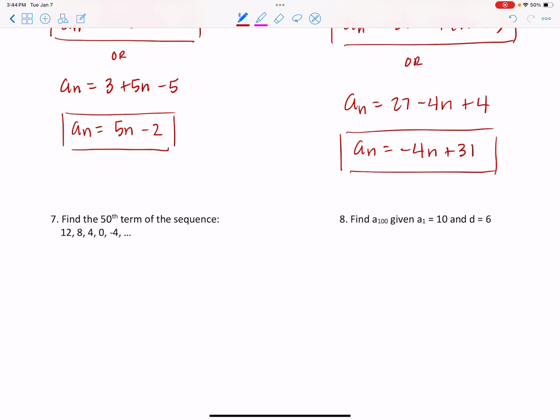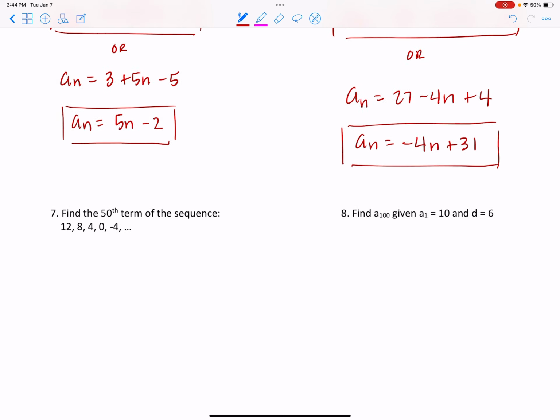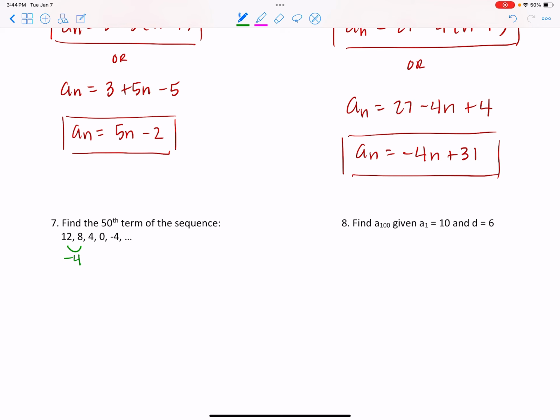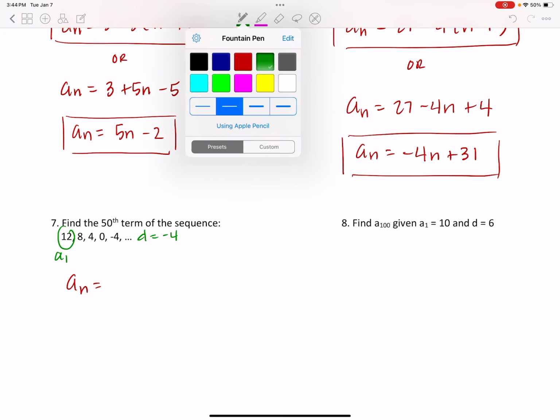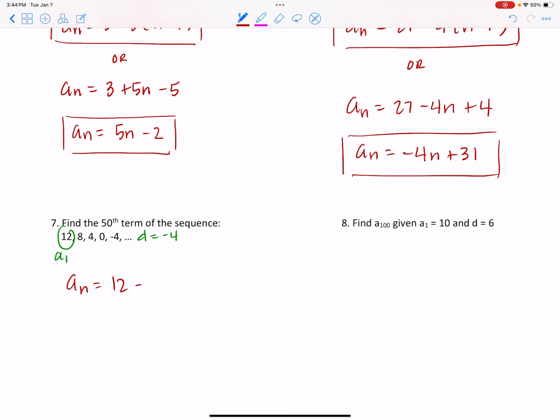Alright, now that we can write the formula, let's use it. If I, for example, on this next list wanted to find the 50th term, first, I can see that I am subtracting 4 to get from one number to the next. Sorry for the lack of variety there. So this is an arithmetic sequence where our common difference is negative 4. I don't want to keep subtracting 4 to find the 50th term, so I'm going to use my formula. So we start with a sub n equal to our first term, which is 12, minus our common difference of 4 times n minus 1.